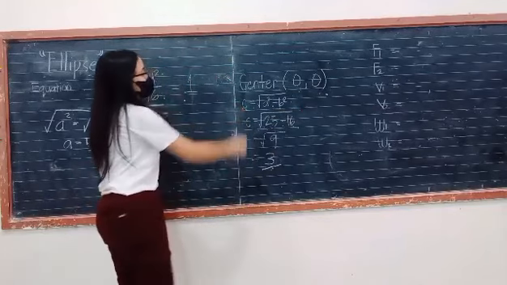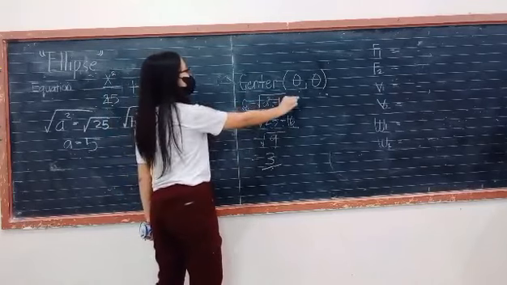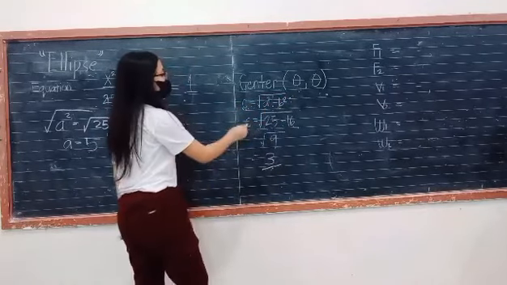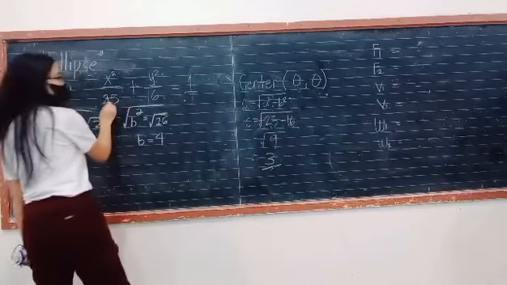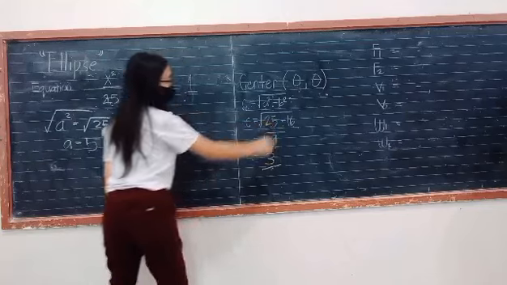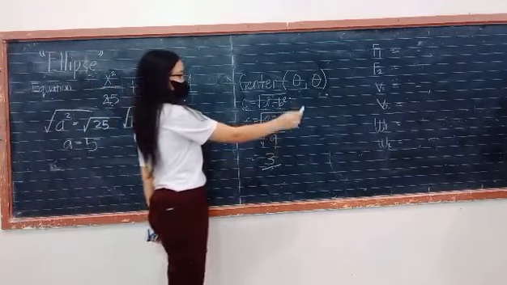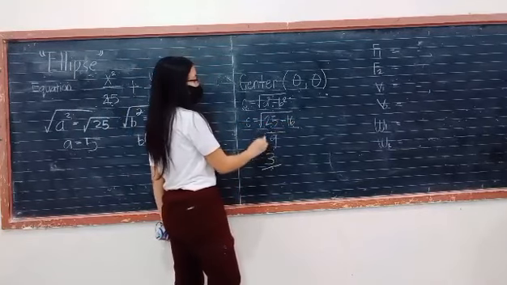And c is the square root of a squared minus b squared. So c is the square root of 25 minus 16. 25 minus 16 is 9.